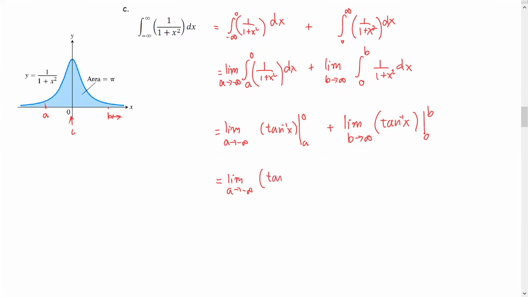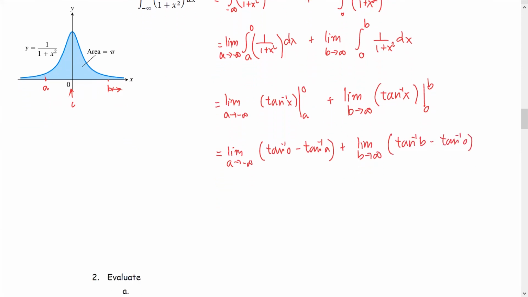We get the inverse tangent at 0 minus the inverse tangent at a for the first group, and the limit as b approaches infinity of the inverse tangent of b minus the inverse tangent of 0 for the second group. Inverse tangent at 0 is 0.